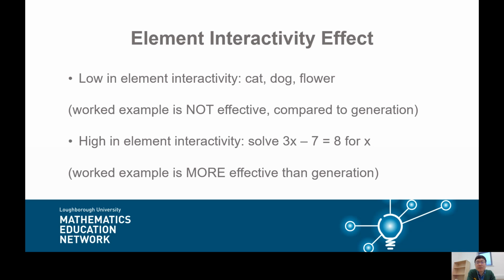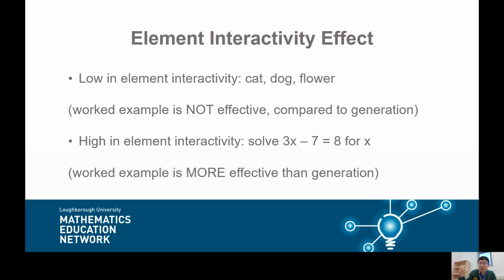So based on my explanation before, for materials low in element interactivity, work examples are not effective because work examples are used to teach complex material. So in order to learn materials low in element interactivity, we should encourage students to generate the answers.